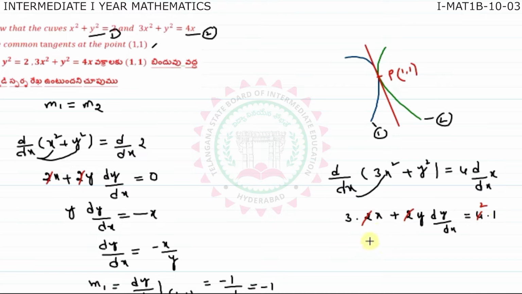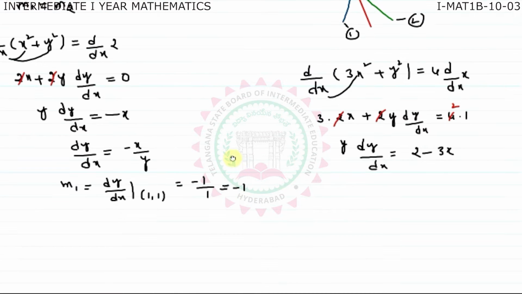On simplification, I will get y into dy by dx is equal to 2 minus 3x. So dy by dx is equal to (2 minus 3x) divided by y.